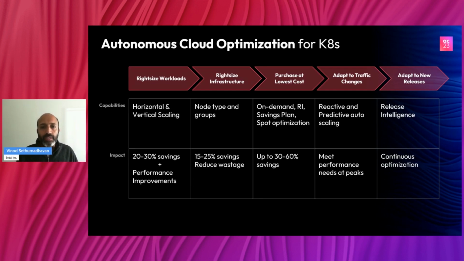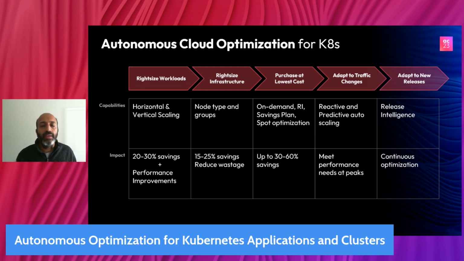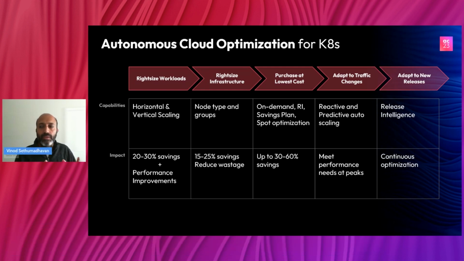From there, we do reinforcement learning by changing different parameters and figuring out how it affects the system, the performance, and the usage. And then after a few cycles, we come up with a number that is optimal for a typical workload.